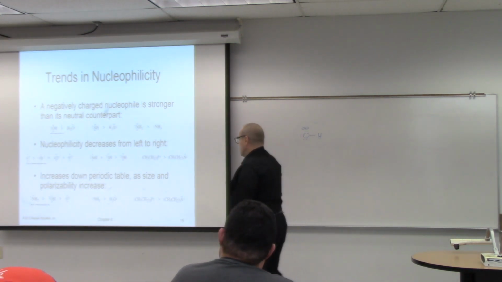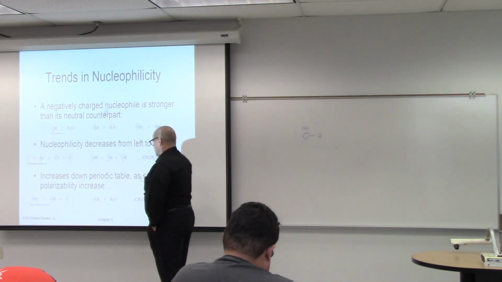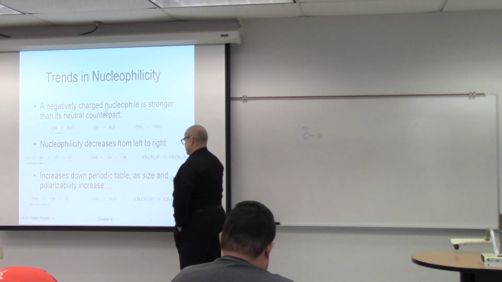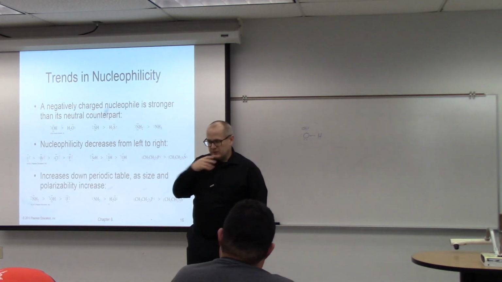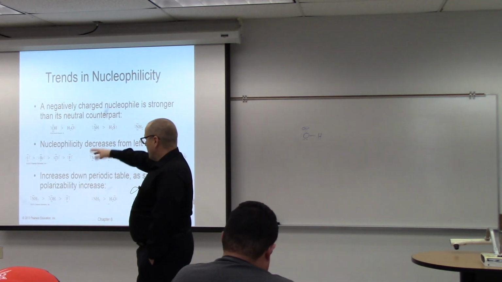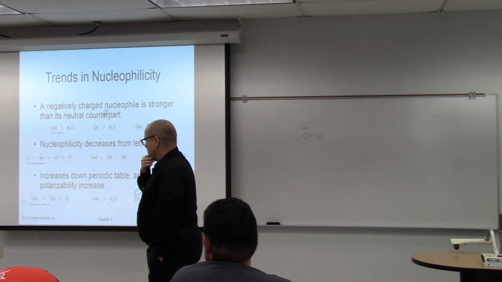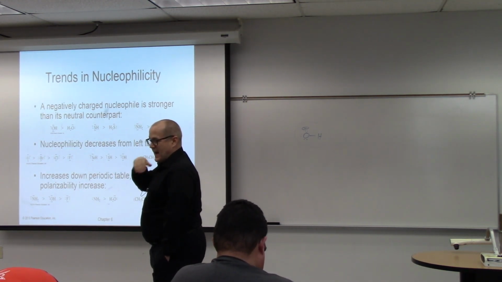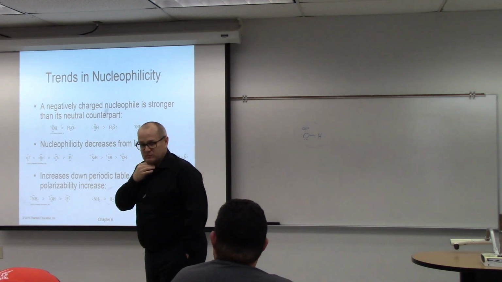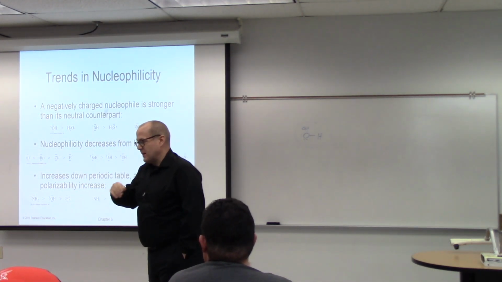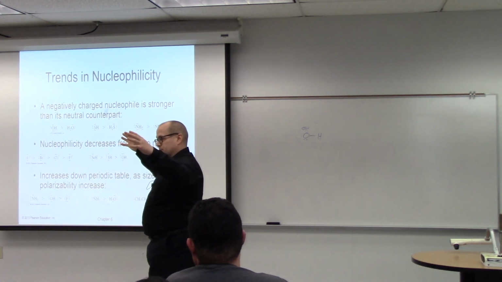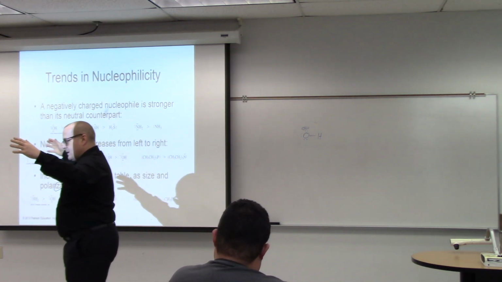Okay? All right. Increases down the period. So size increases. So, if you look at the period, chlorine and bromine, for example, are high up on the table, right? So as atoms, they're large, but they're small compared to iodine. Iodine's at the bottom, right? Iodine is huge. Are you with me?